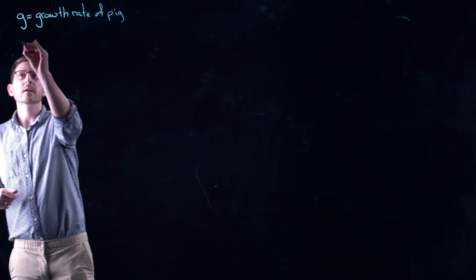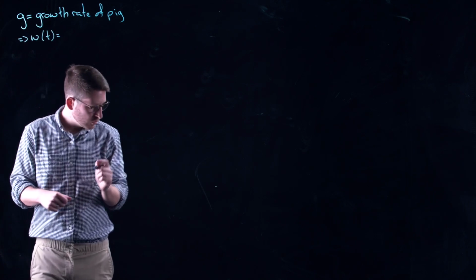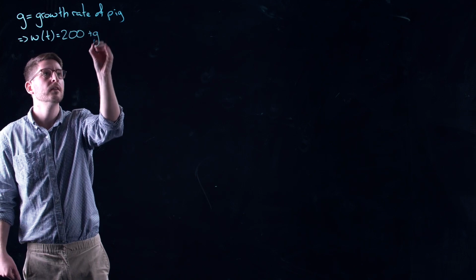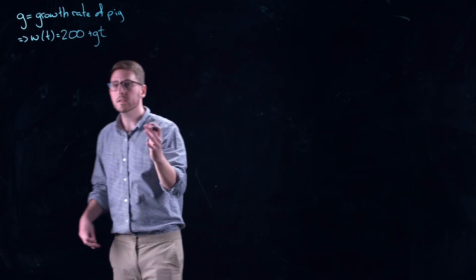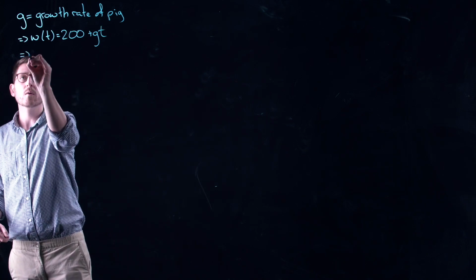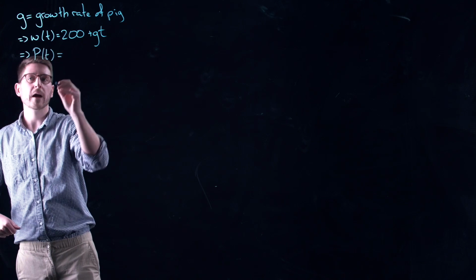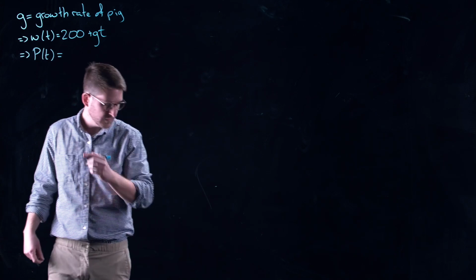Now, that means that the weight of the pig is equal to 200 plus gt. Okay? And when you put this back into the profit equation, I'm going to revert the R variable back to its original 0.01, so we don't have multiple parameters in here.